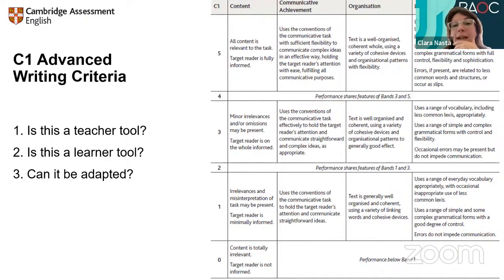For those who may not have the document handy, here you can see band 5. This is C1. Okay, I see relevant content, use of conventions, well organized, wide range of vocabulary, fully informed, complex ideas.